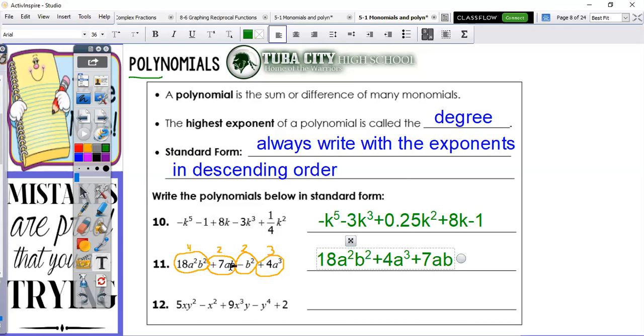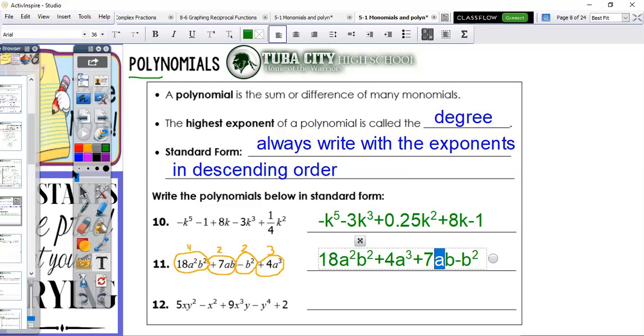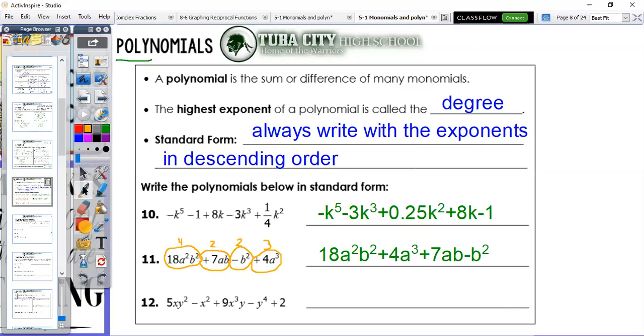Even though it's 2 power, it beats out this one that has only B. This B is only a 1 power. I mean, sorry, these last 2 are both 2 powers. But since, even though B has 2 and this one has 1, it goes by alphabetical order. So this one only wins out because it has an A, so that's why it goes first. All right, maybe a little confusing, but it is what it is.